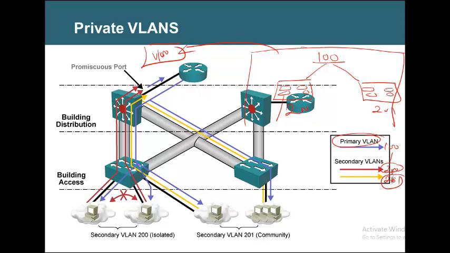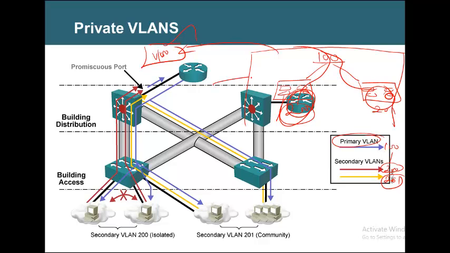Originally, it is coming from the sub VLAN of 100, but 100 is the primary VLAN. 200 is not the primary VLAN. 200 and 201 come under 100. So any traffic coming out from 200, 201 will be seen as VLAN 100 traffic by other switches.